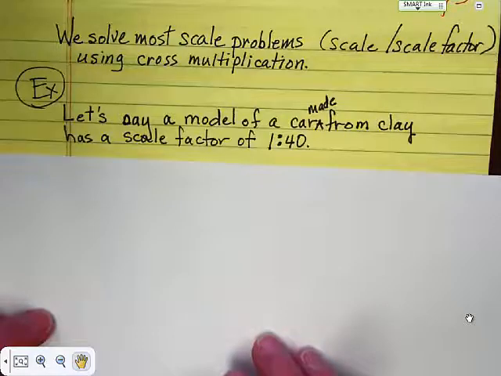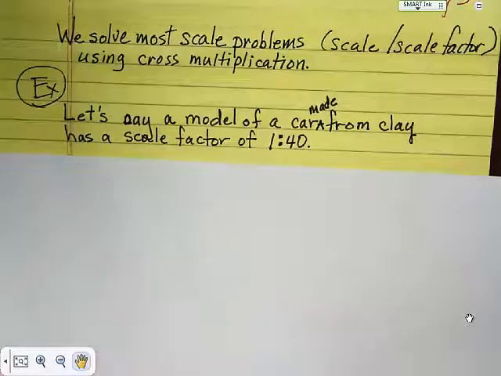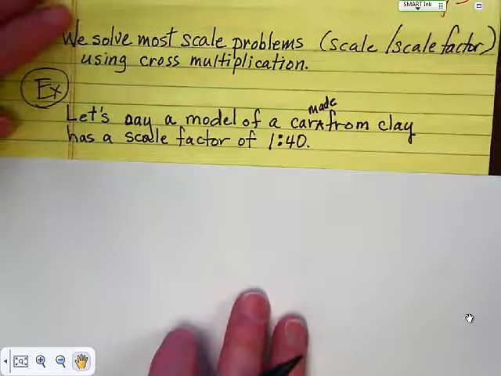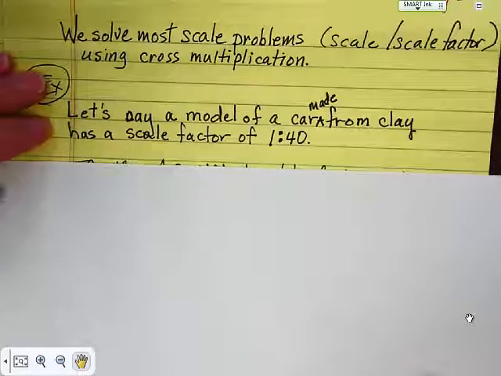They used to make the model of the car first, any car, out of clay, and they would get all their dimensions off of that clay model, and then they would use it to make a larger scale of the car, and eventually they would use that to make an even larger scale, which actually turned out to be our real size car. Let's say the model of the car made from clay has a scale factor of 1 to 40.